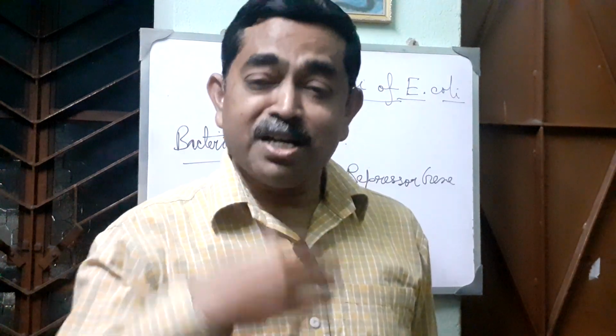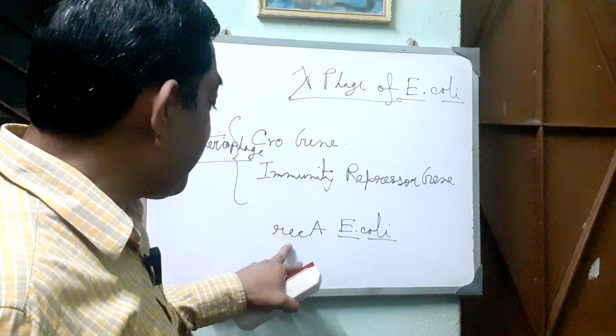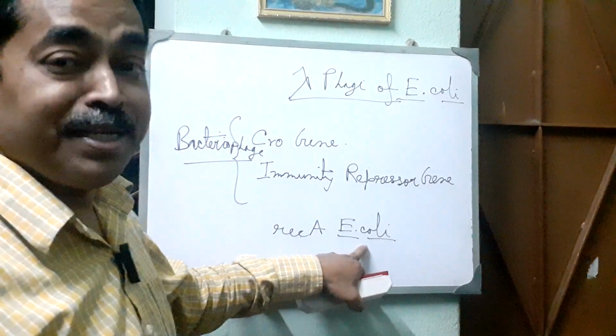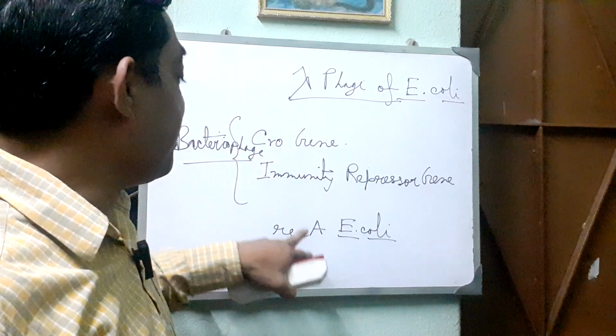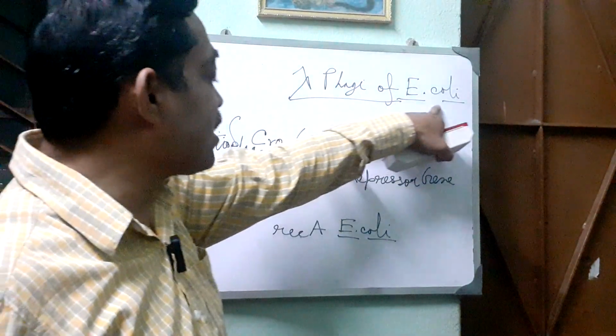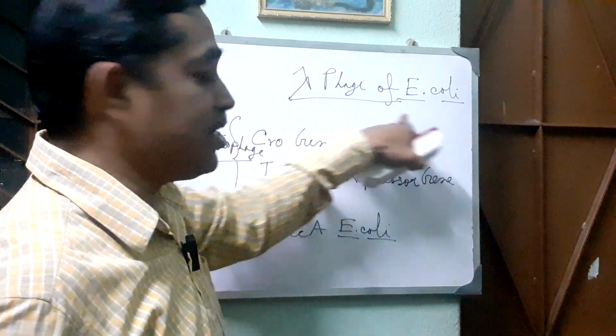bacteriophage gene from the bacterial cell and again starts the lytic cycle. This gene is from the E. coli host cell, not from the phage genome. It is from the host cell genome, the E. coli genome, which is infected by the lambda phage.